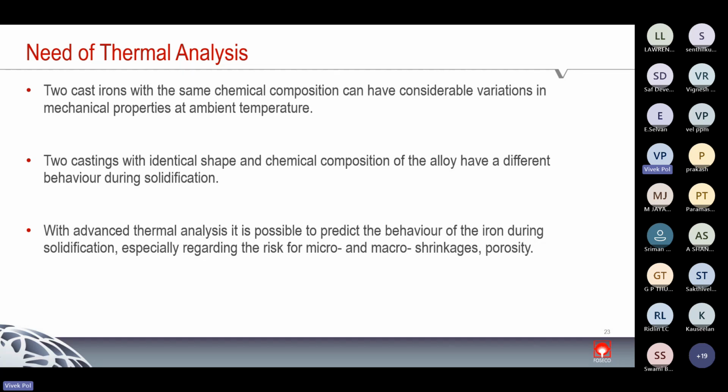The combination of these three will tell us the metal quality, and thermal analysis has the capability to analyze that metal quality. And if that metal quality varies, our casting properties will also vary. That's why first we need to know what the variation is, and then only we can correct it.